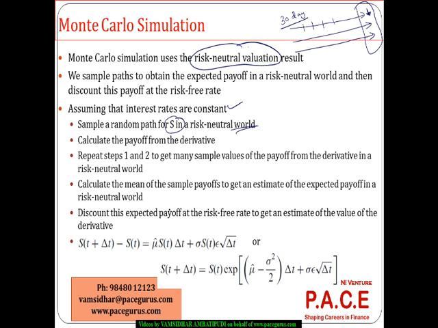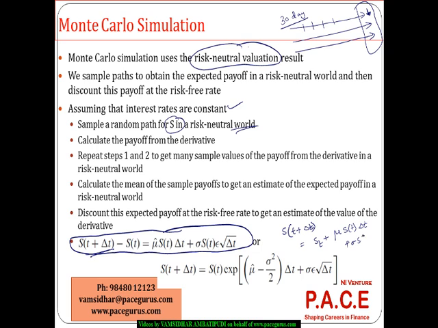Either I sample it this way, where for the next period I take S of t plus delta t as S of t plus mu times S of t delta t plus sigma times S of t epsilon square root of delta t. I take this as the mechanism.